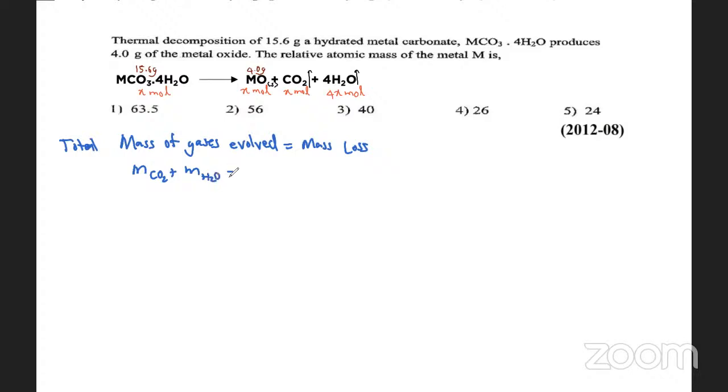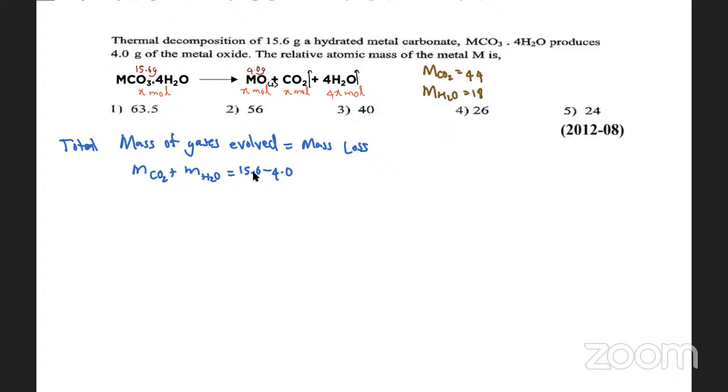And that is equal to what? The mass loss. What is the mass loss, people? Mass loss is 15.6 minus 4. What is the mass of carbon dioxide? We all know the molar mass of carbon dioxide is 44, and the molar mass of water is 18.